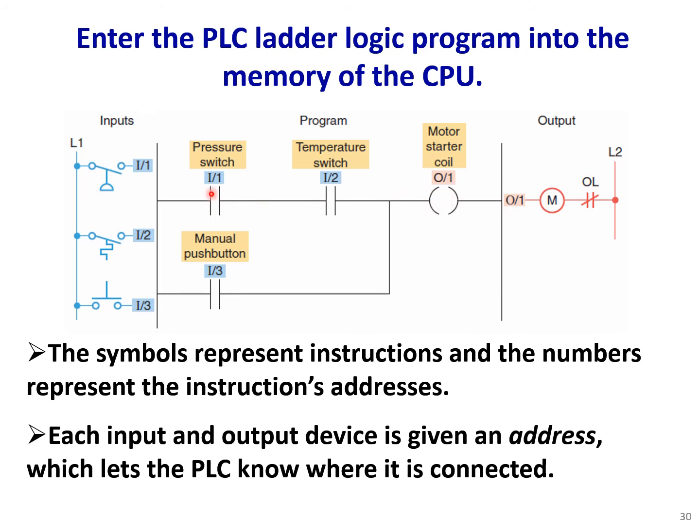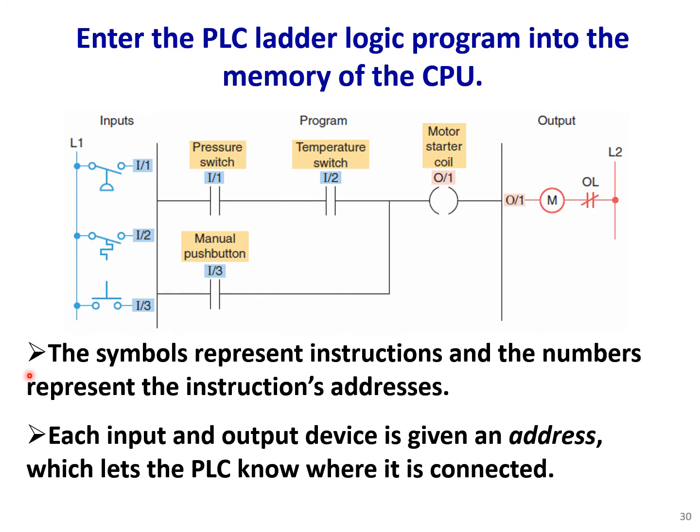So now the motor starter will start if the pressure sensor and the temperature sensor switches are on, or true. Or alternatively, if the manual push button is pressed, so this contact status will be true or on, and the motor starter coil will be true.